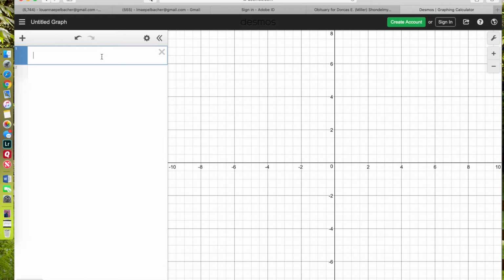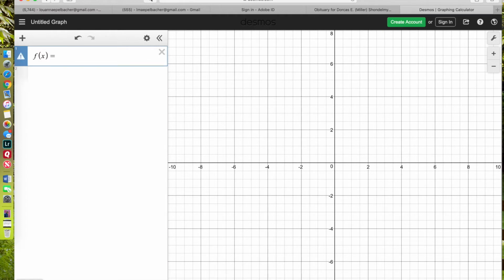This is number 14 from your test review guide, and remember that when you are asked to draw a graph, it's always good to see it first, to see on a graphing calculator or Desmos how that graph is going to look using a graphing utility. The other thing that you want to remember is because you want to get a table of x and y values, you have to start by typing f of x.